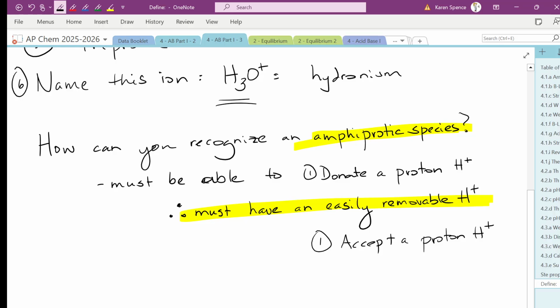What's going to make something more easily able to accept H plus? If it has a negative charge. Okay, therefore it must have a negative charge.